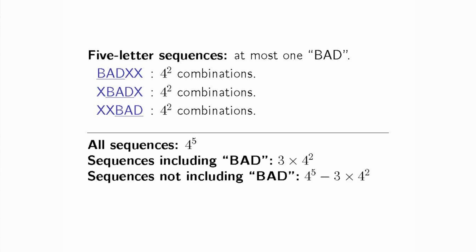There are only 3 possible positions for a 5-letter sequence to have BAD, and for each position, there will be 4 to the power 2 sequences. So the number of sequences including BAD should be 3 times 4 to the power 2. And we have 4 to the power 5 minus 3 times 4 to the power 2 as the final answer. So is everyone okay with this?